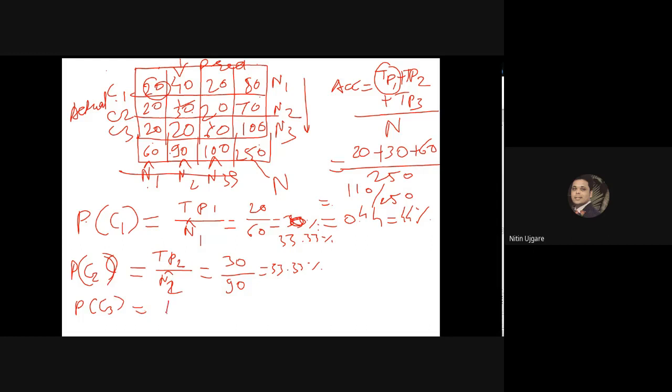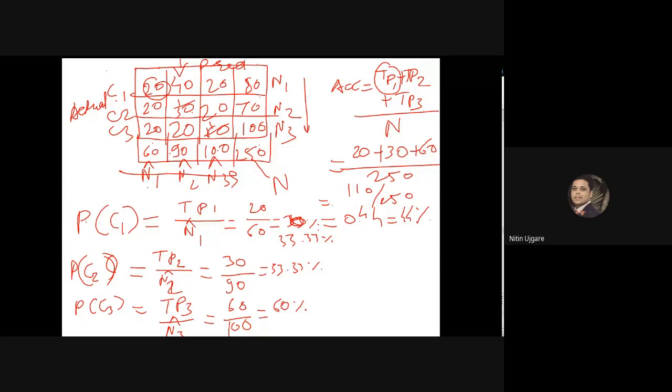Then we'll calculate the precision for class 3: TP3 divided by N3 cap. TP3 is 60, divided by N3 cap which is 100. That gives the answer 60%.